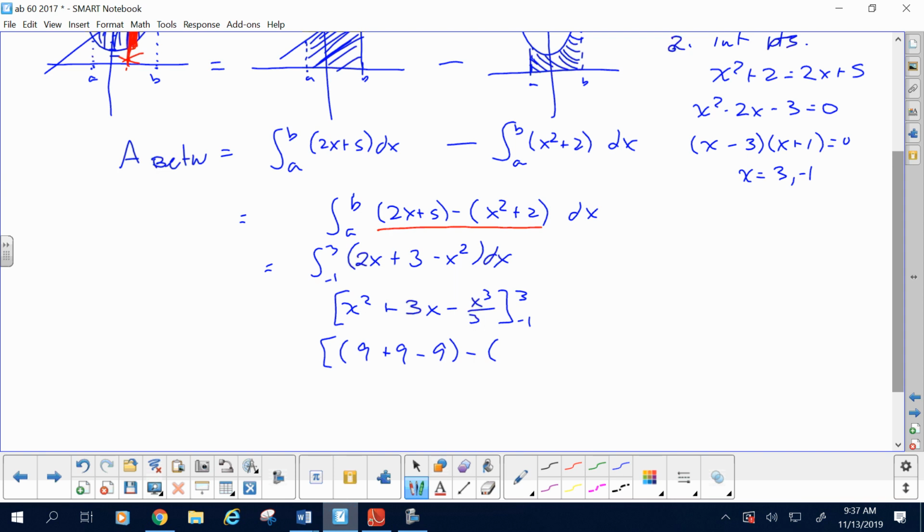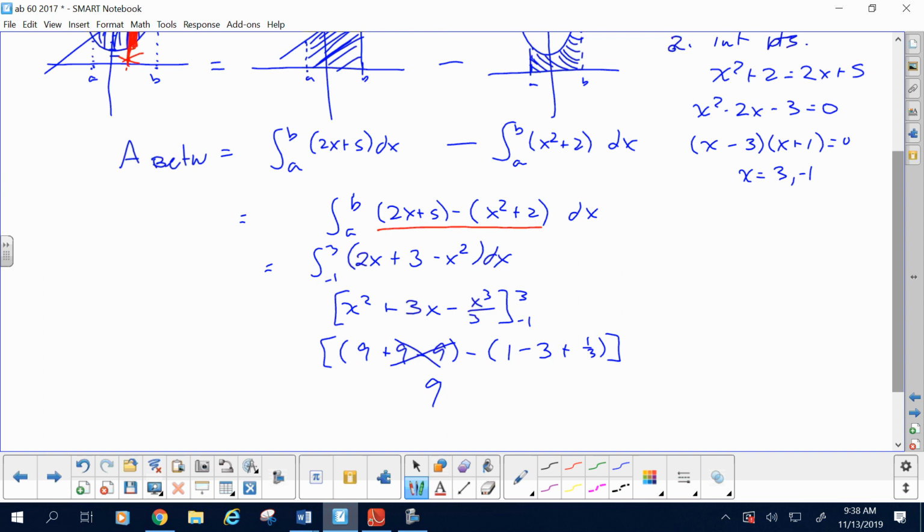That's delightful. When I put negative 1 in, I get minus 3 plus 1/3. Two of the three 9s drop away, and I have 9.